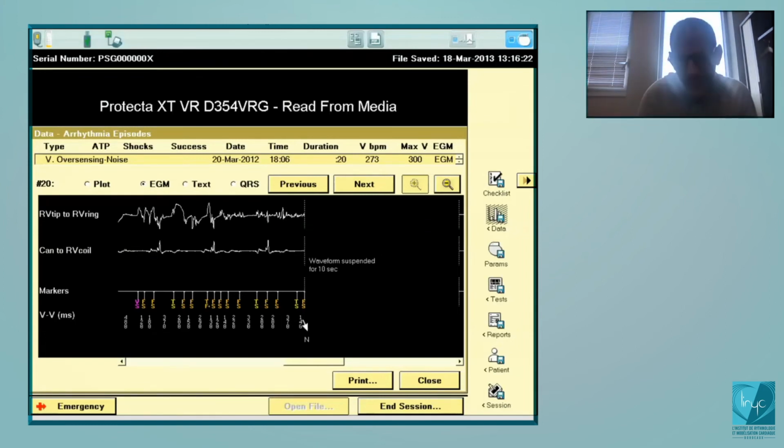But this algorithm of noise requires that the counters are full. So you need 30 out of 40. So the LIA is positive way before.